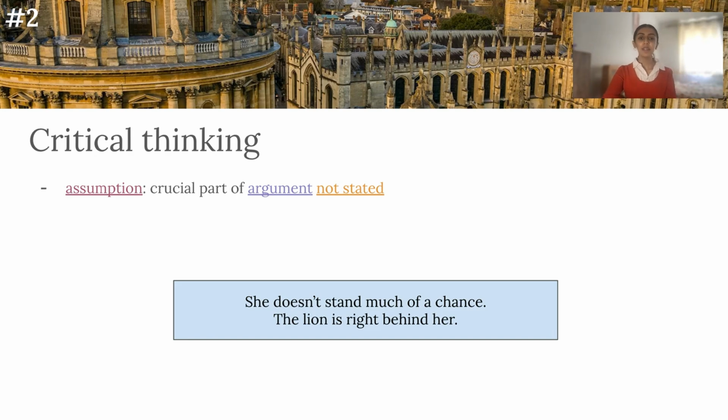The conclusion is that she doesn't stand much of a chance, and this relies on an assumption because it's unstated and it's not something we're being told. It's something that we infer because we're being told that the lion is right behind her. So a reader thinks to themselves, okay, lions are dangerous, that's why she doesn't stand much of a chance. Otherwise, we're not really directly being told. So Tara is just a matter of reading into things properly.